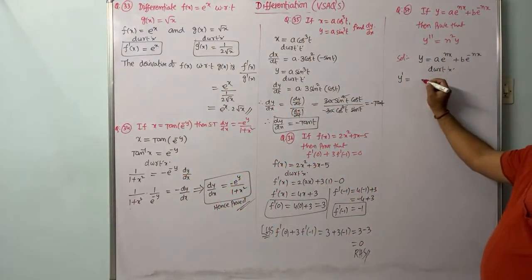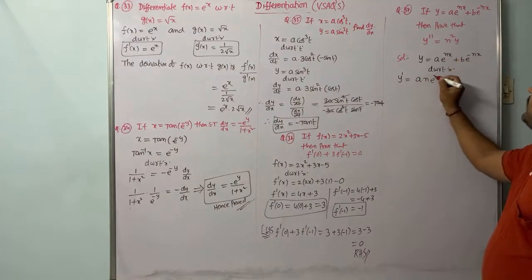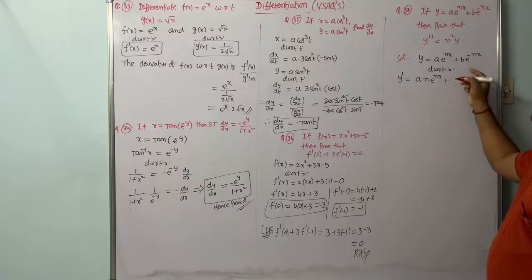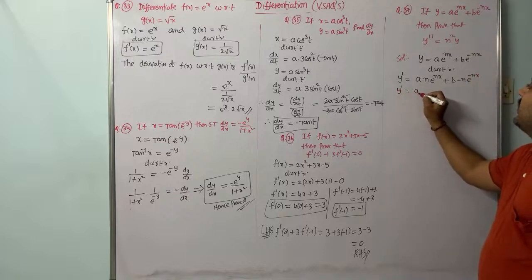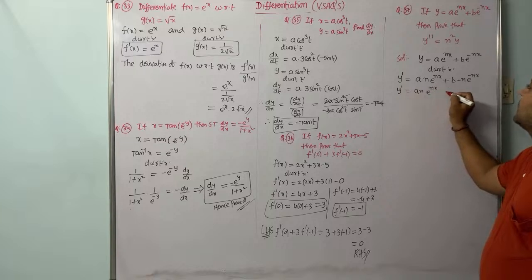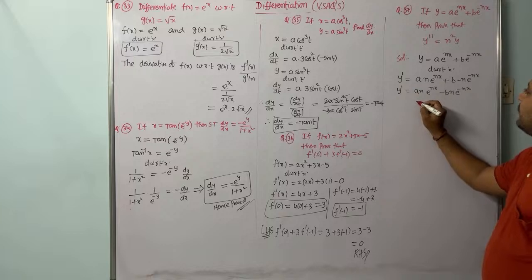So y dash equal to a constant, e power nx derivative is n into e power nx, plus b constant, e power minus nx derivative is minus n e power minus nx. So y dash equal to a n e power nx minus b n e power minus nx.